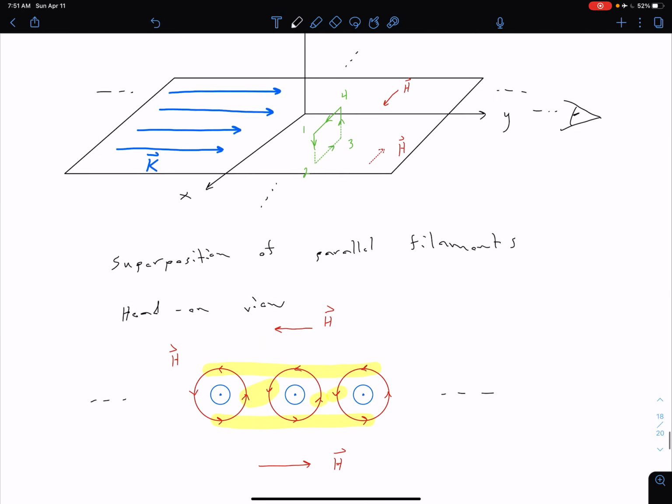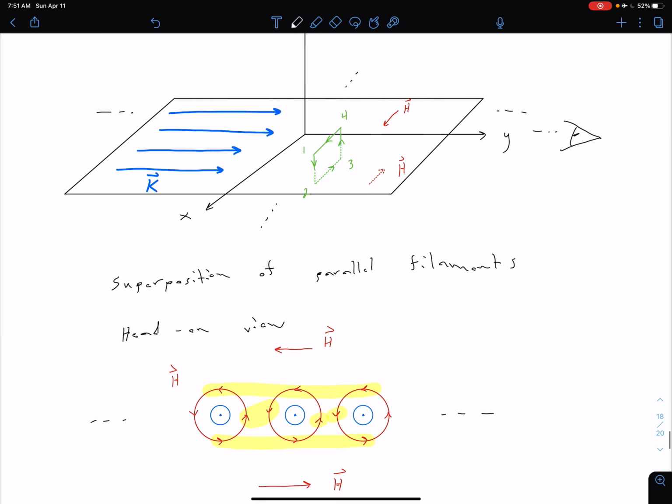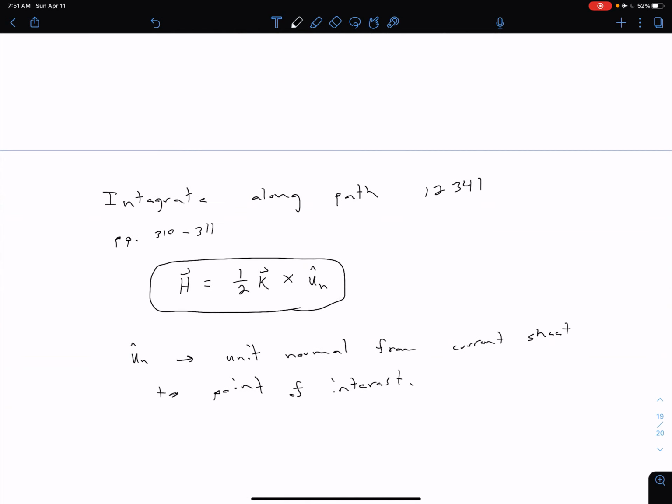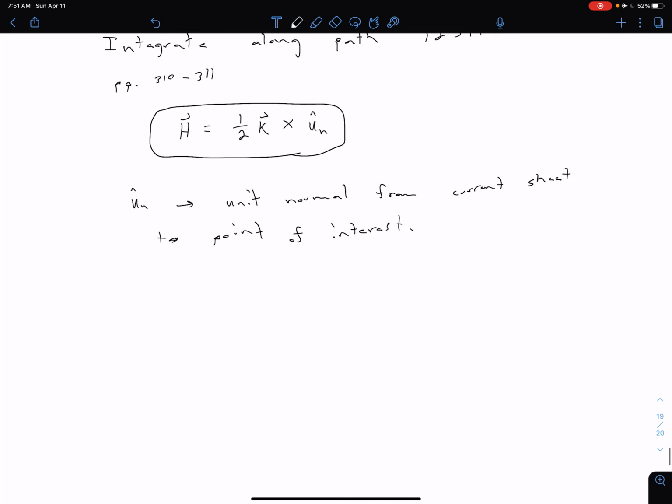But again, one interesting thing that we note, which is the same type of thing when we considered an infinite sheet of charge, is that in this equation it comes out of the math that there's no dependence on the distance from the sheet.